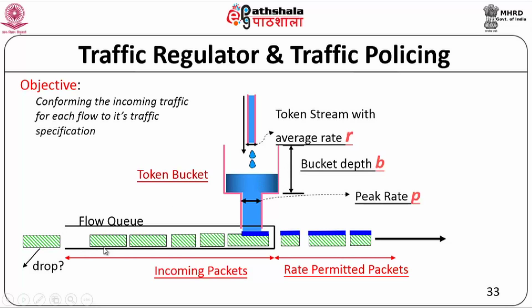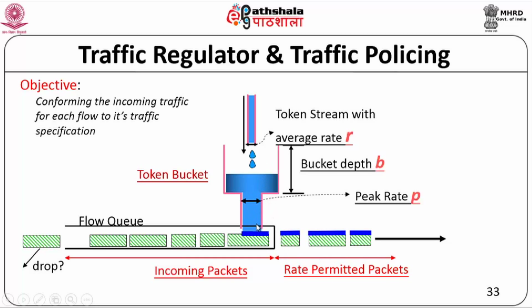When incoming packets come in, they are queued and sent out to the output queue only if there are tokens available. Depending on the availability of tokens, you can send out the packets. If you have accumulated tokens by not sending packets earlier, you can send a burst of packets.